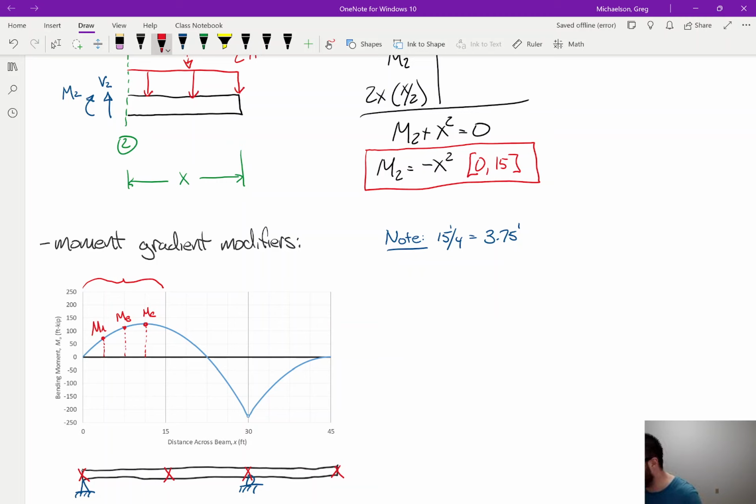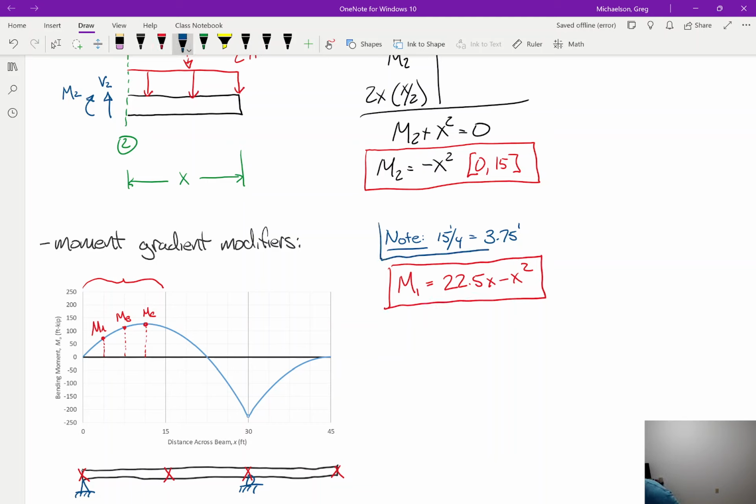So remember the expression that we're going to use is M1, which is 22.5x minus x squared. That's the mathematical expression that we're using.